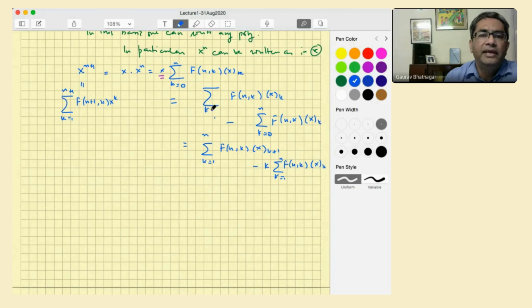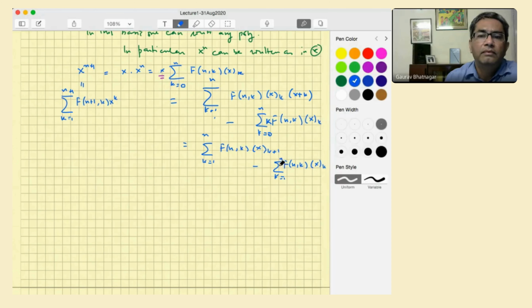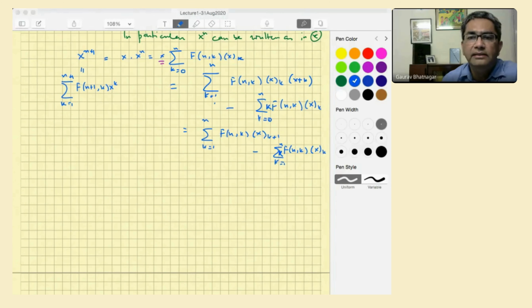So I have k going from 0 to n, x plus k here, minus k times this. And this is also wrong. Yeah, now it's okay. Okay, there was a query. Is this okay now?